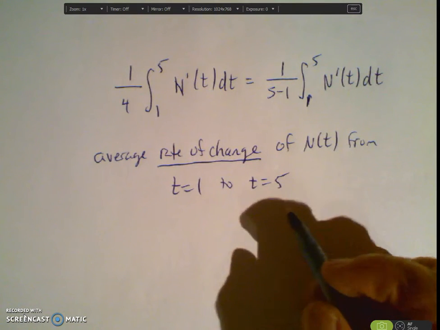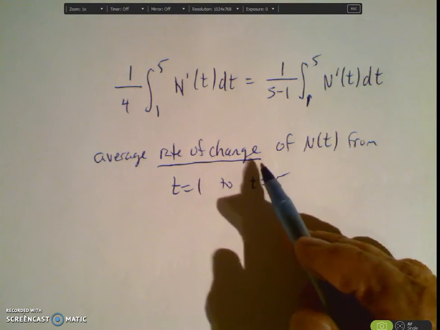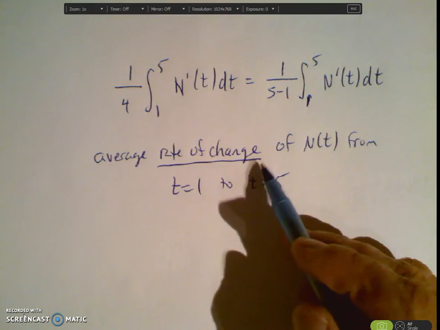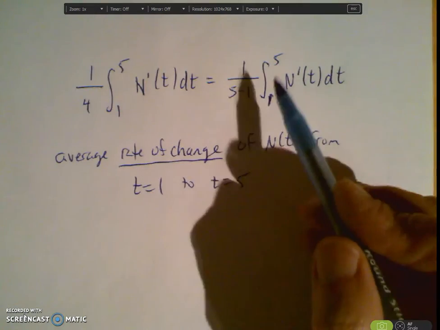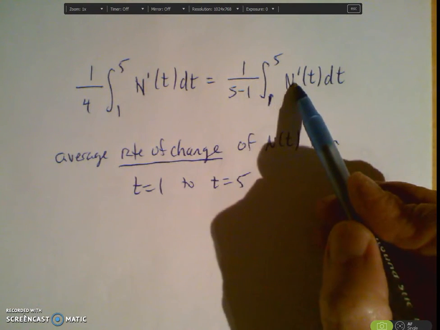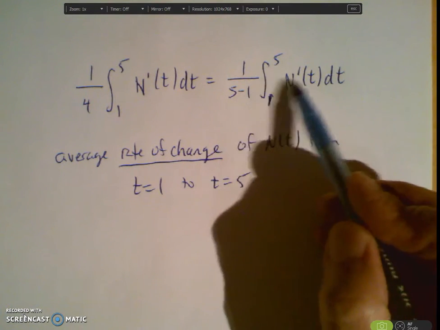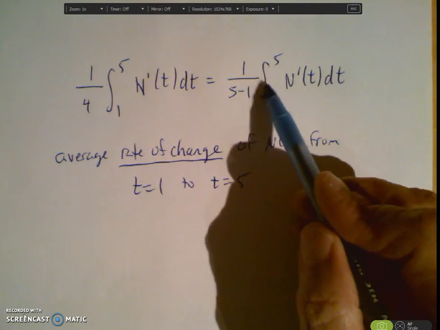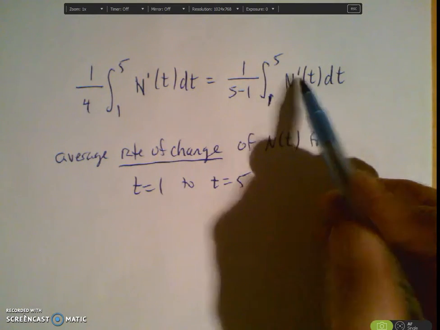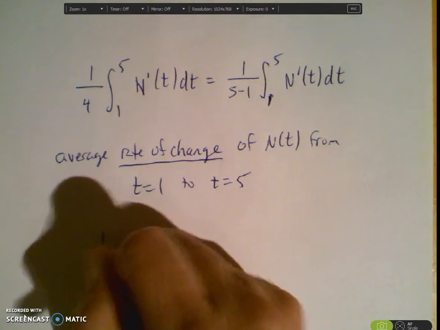You might be thinking, wait a second, there's another way of finding an average rate of change. If you recall, when you integrate a derivative, these two should be canceling each other out, because the integral is also an antiderivative. So if I do the antiderivative of the derivative, I should be back to n of t.